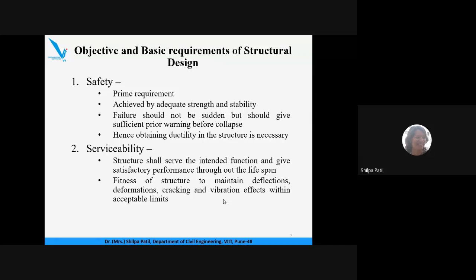If we consider only concrete, we all know that concrete is a brittle material. There is no ductility. So, I'm going to ask you a question. Can we put concrete in the UTM and apply a tensile load, axial tension? Is it possible?